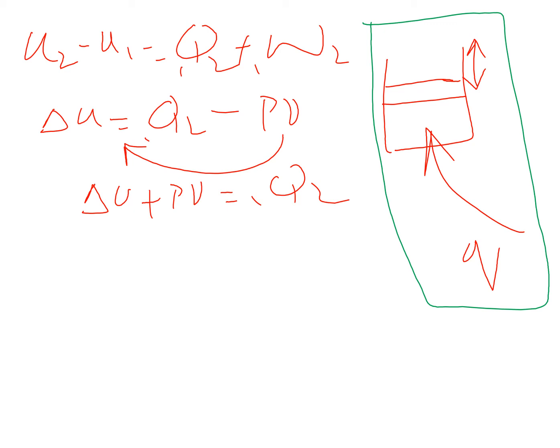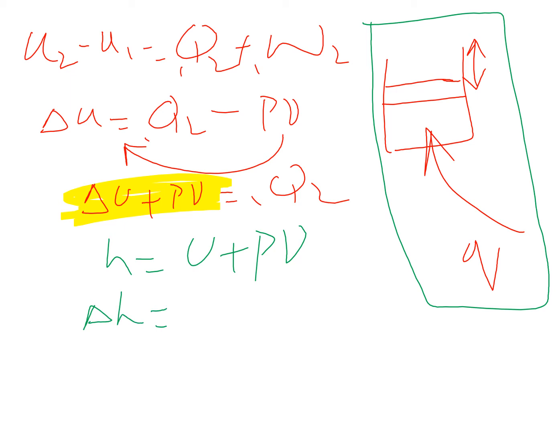So the system is valid for our case, and if we give heat to the system, it changes the enthalpy of the system. Why enthalpy? Because this combination is enthalpy. We already know that H is equal to U plus PV. Since we have a transition of the system at constant pressure, it is U2 minus U1 plus P, pressure is constant, times V2 minus V1.